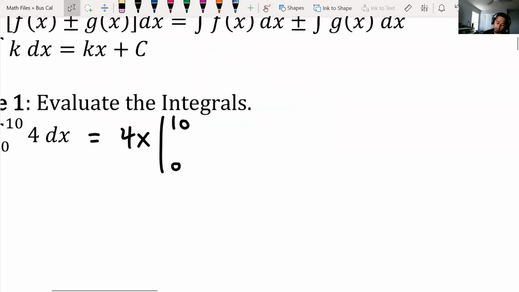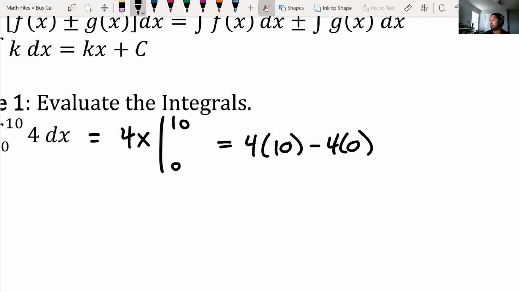Which means that you always plug in the top of the interval and subtract the bottom. So we're going to evaluate this, and it's going to be 4 times 10 minus 4 times 0, which will give us 40.